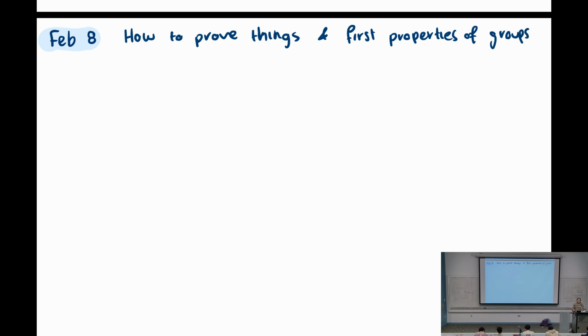So I'm going to go through different types of structures that mathematical statements take on and show you how to approach proving those different kinds of statements. And I'll try to give examples either of proofs that we've done already or new examples involving these first properties of groups along the way.